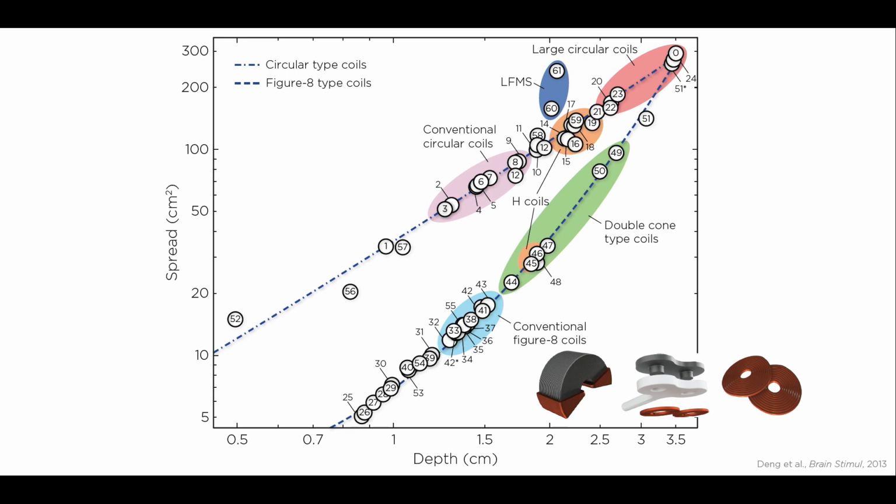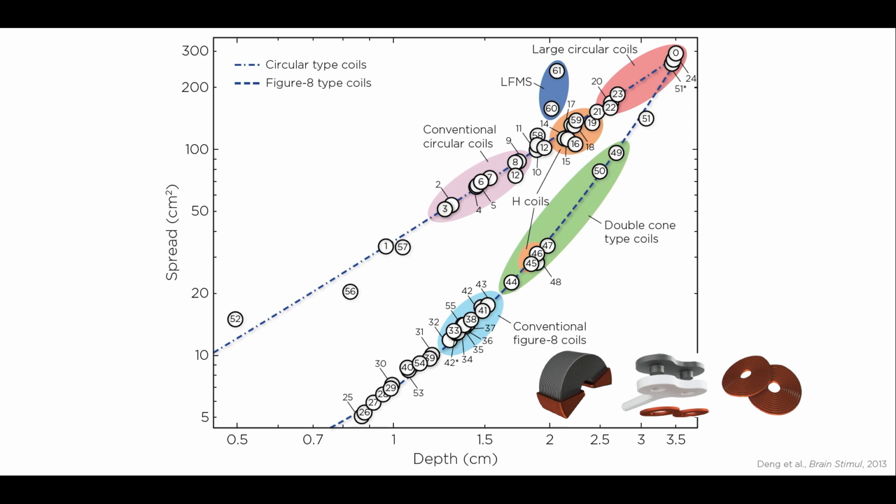You can also see that no matter what the coil type is, both of these lines are trending upward, meaning that the deeper you try to stimulate in the brain, it is also necessary that you stimulate more brain. So this is the so-called focality depth trade-off.